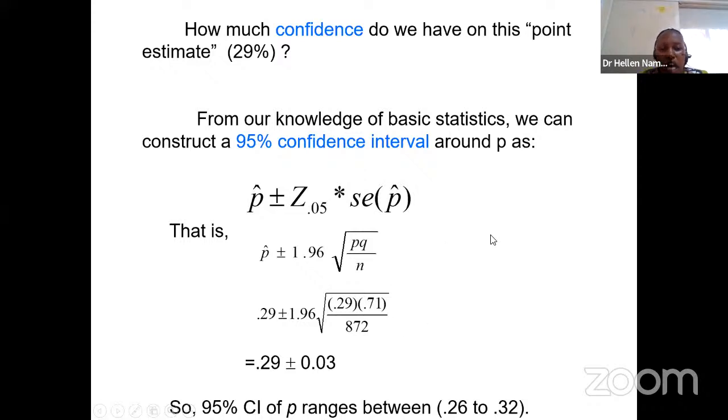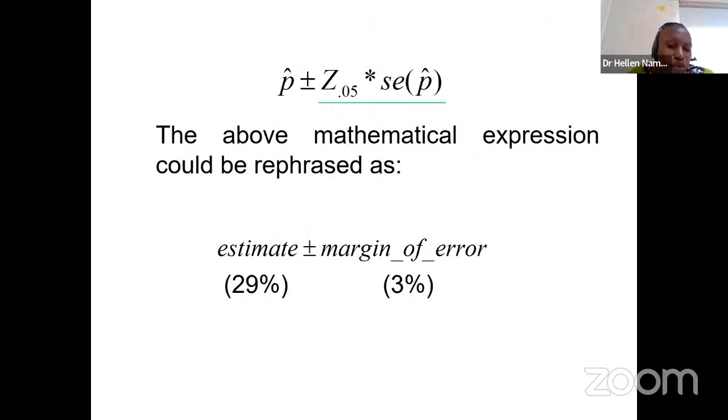But I want you to see, based on the 95% confidence interval, what range we can take to say that our estimate was 29, and the level of confidence based on the 95% lies between 0.26, that is 26%, and 32%.